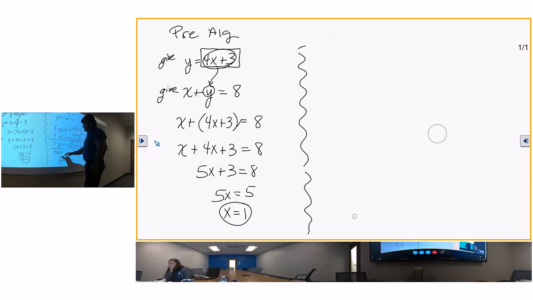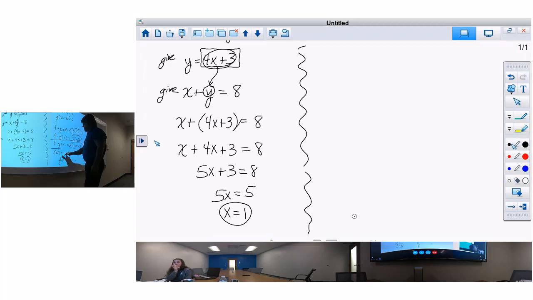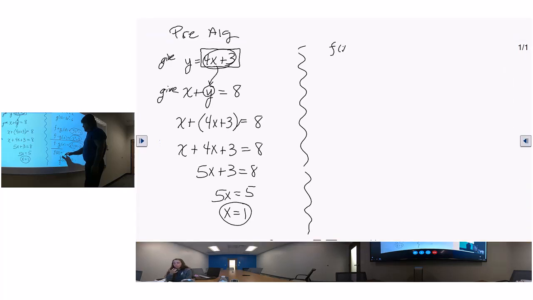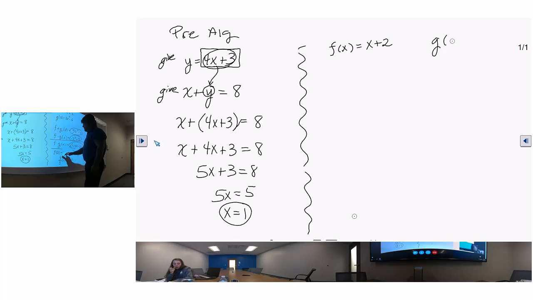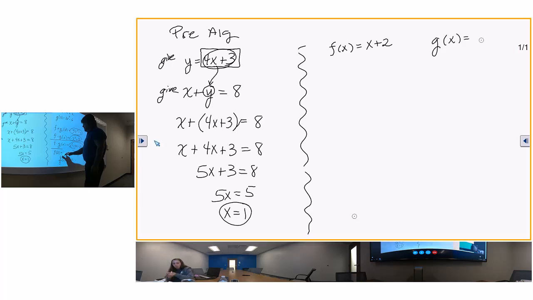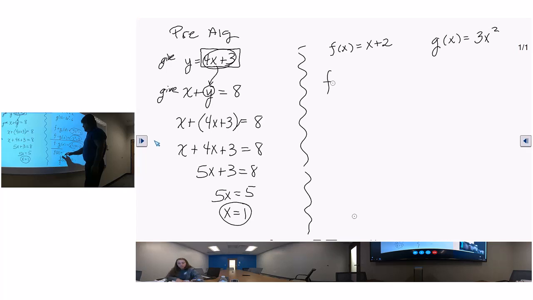They're going to give you two functions. And it's going to say f of x is equal to x plus 2. And then g of x is equal to 3x squared. All right, everybody with me? Now, the next two or three things they ask is going to depend on how they're writing it. The next one, they're going to ask for f composed g of x.